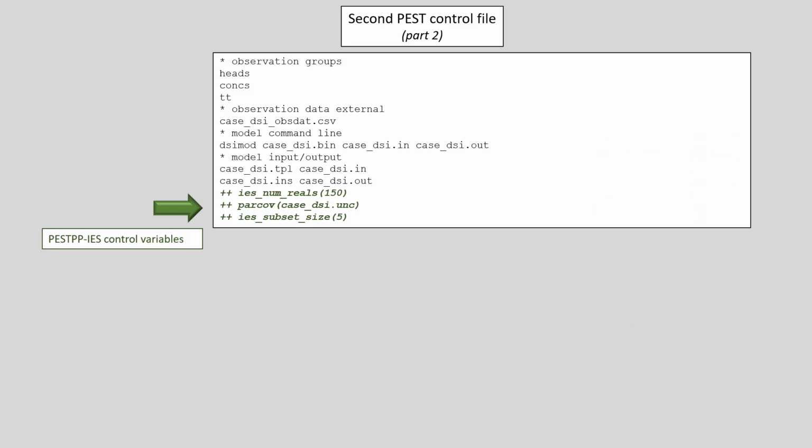In the PEST IES control variables is the name of the prior parameter uncertainty file that PEST IES requires. It requires this file to generate realizations of the prior probability distribution. But because now we are dealing with the DSI statistical model, the parameters that this model uses are PCA parameters, and the prior probability distribution of those parameters must pertain to those PCA parameters.